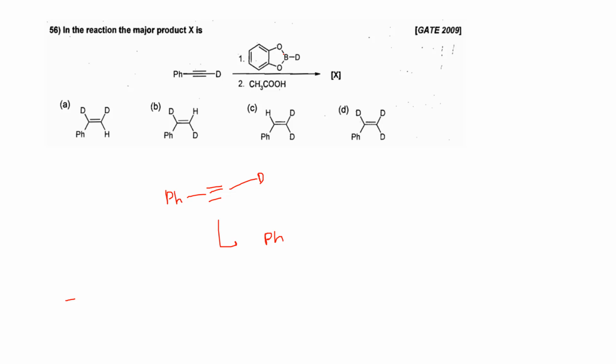So deuterium will be added across this triple bond. This deuterium is already there, so I am just marking it with a circle, as it was already there in the system. There is a boron part.